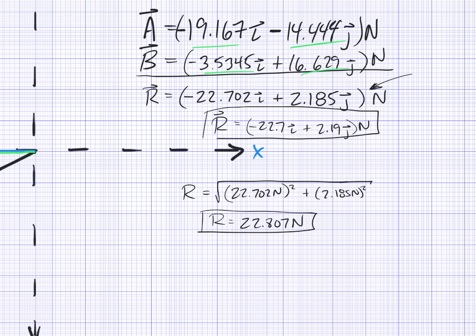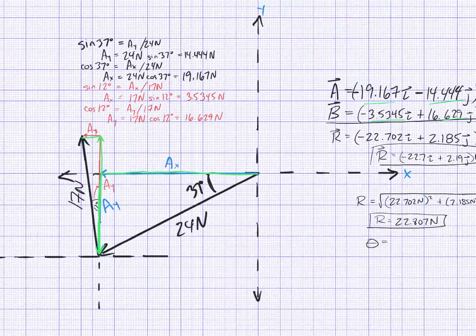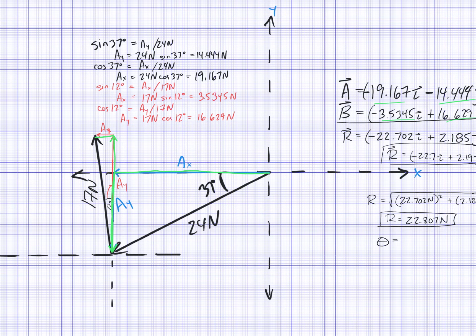Then we were going to get theta. So we want to go back over here and look at the resultant triangle. The resultant triangle looks like this, something along those lines.